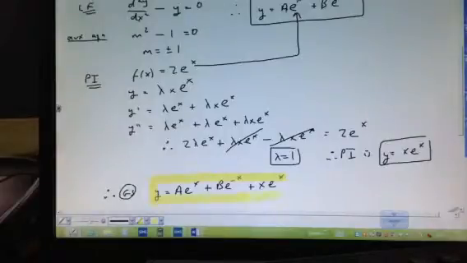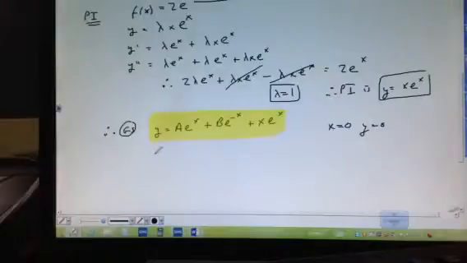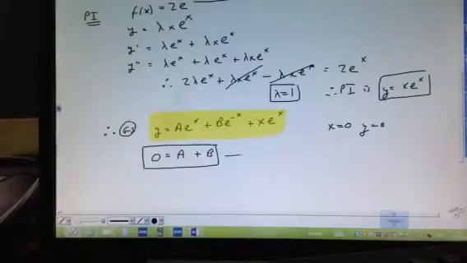However, we're given a boundary condition, and the boundary condition says for the y and x values we know that when x is 0, y has the value 0. So put it into here, we end up with 0 is equal to e to the 0 is 1, so that's a, plus e to the 0 is 1 is b, and 0 times anything is gone, so we know that that is the first of our simultaneous equations.